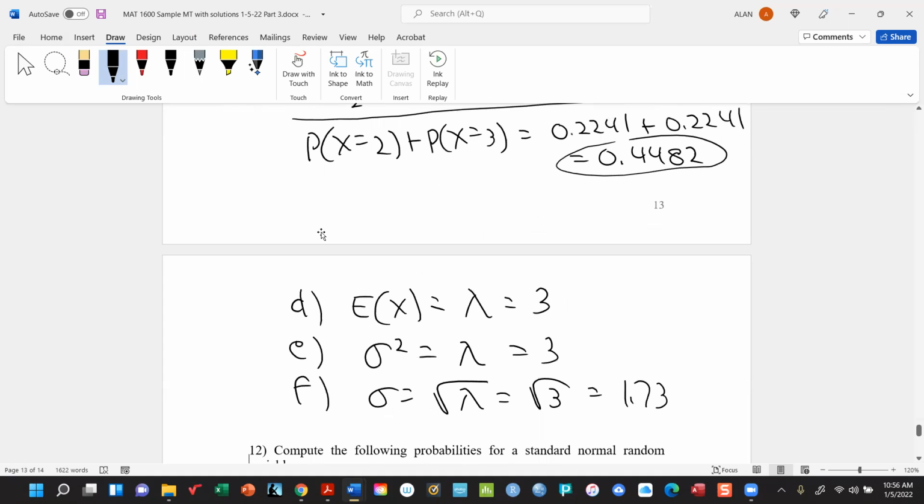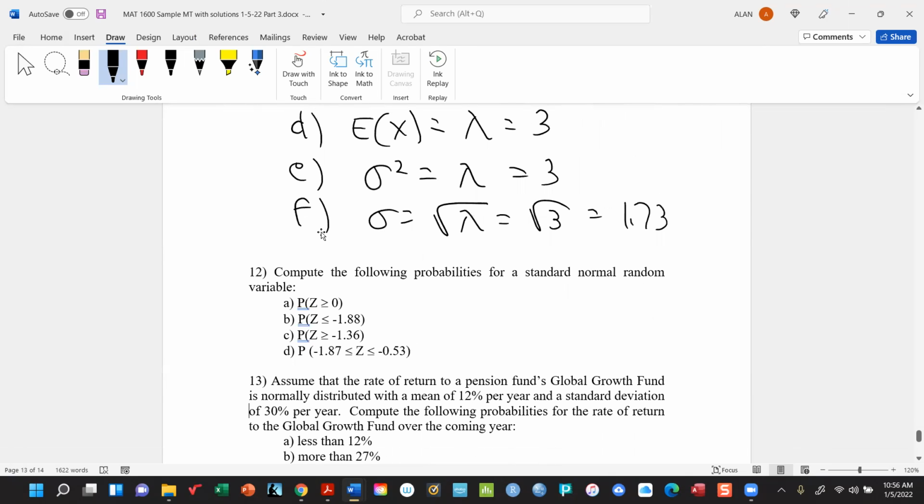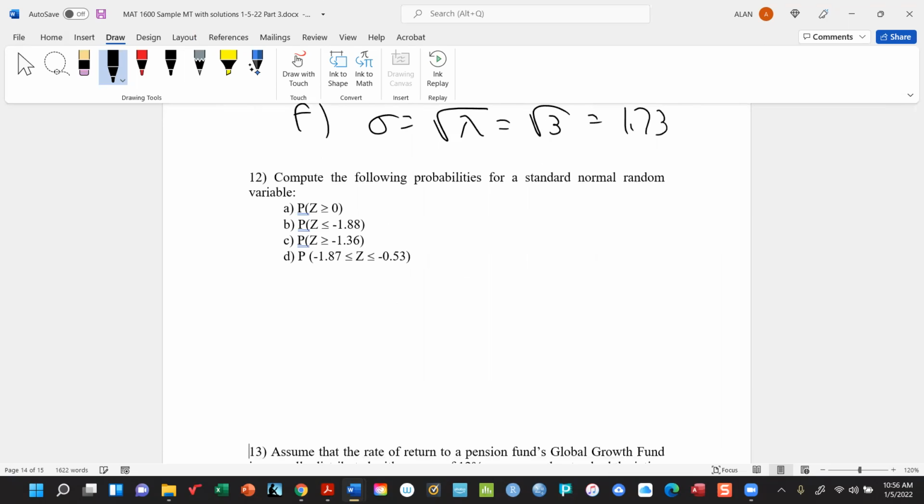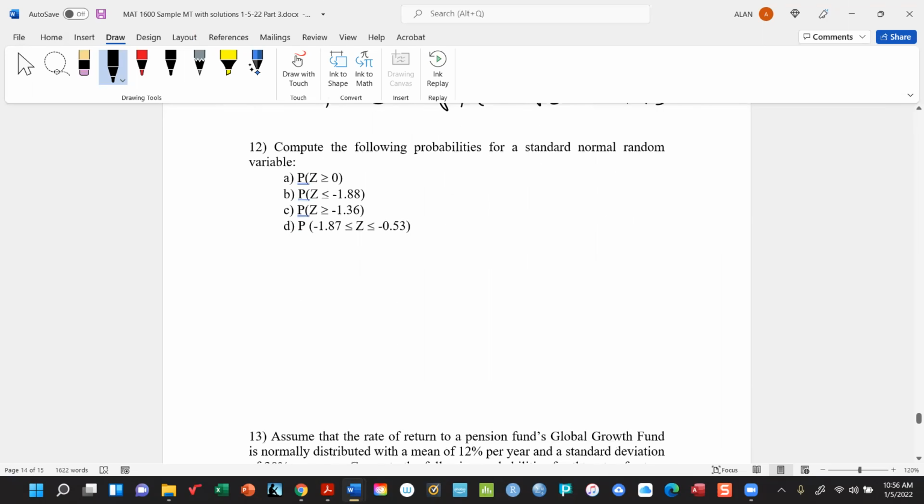So here we have a set of probabilities for the standard normal distribution. And that just basically means we can find things in the table, of course, if they're in the correct format. So like this one should be rewritten as 1 minus the probability that z is less than or equal to 0, because the table only shows, as we know, less than or equal to probabilities.